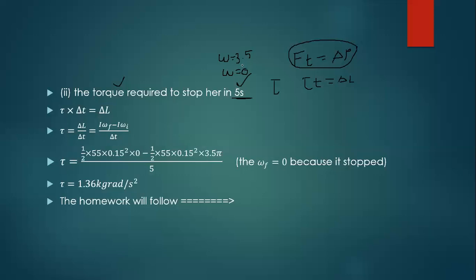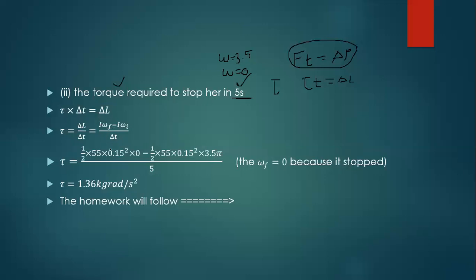So since her angular velocity changed, her momentum changed, and we can compute torque as the change in momentum over the time of the application of the torque. So we have angular momentum final minus angular momentum initial.